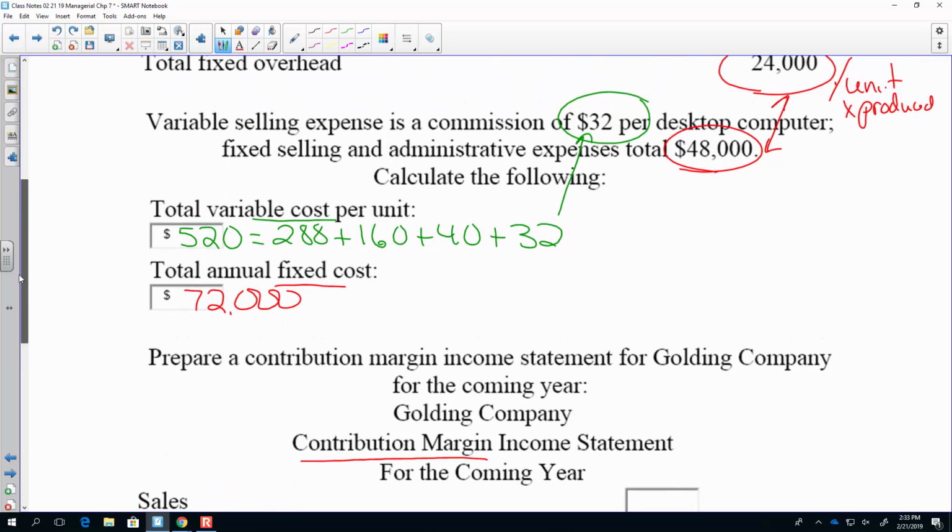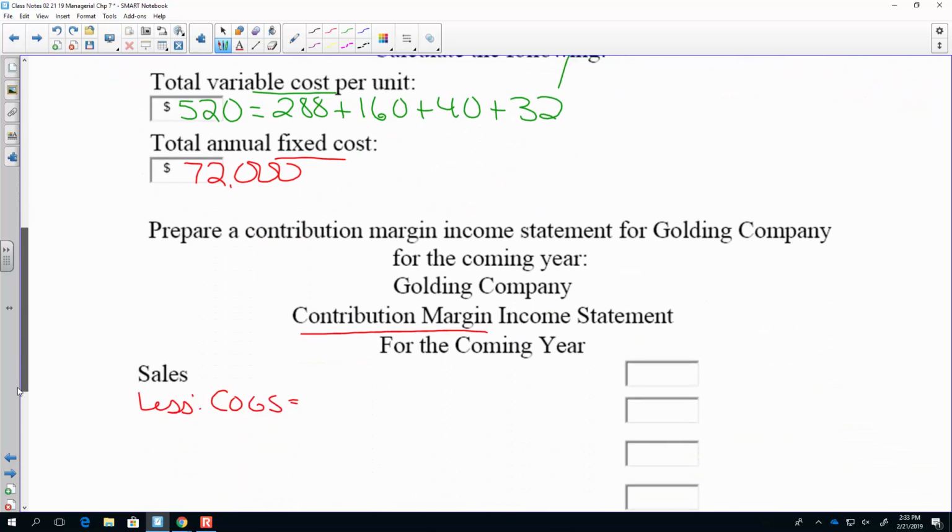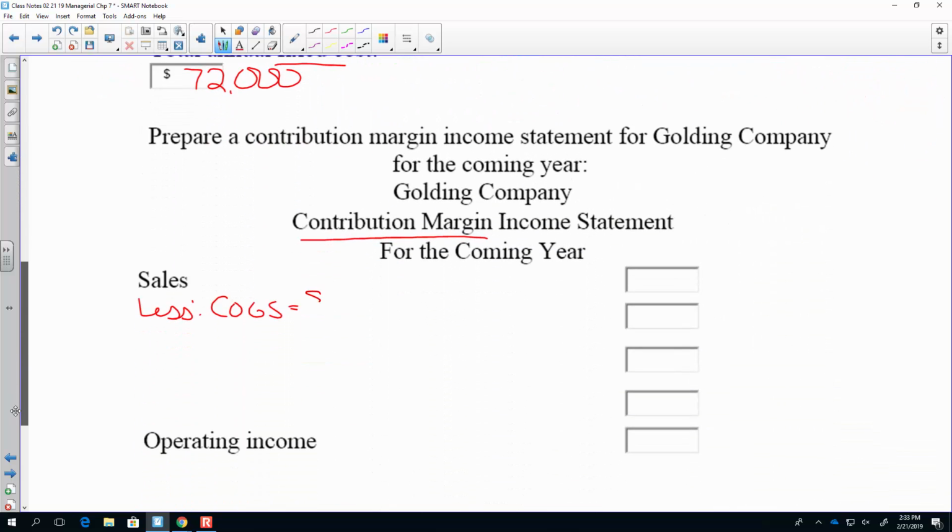Our variable cost is, for product, just the 488. $488. And we sold 1,600 units.